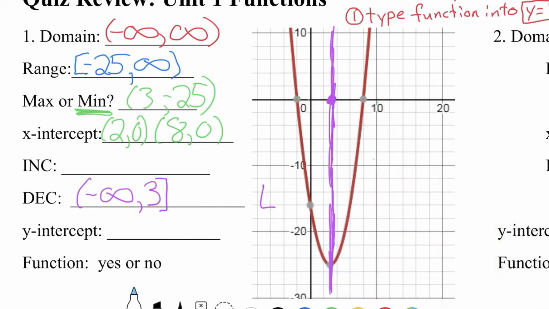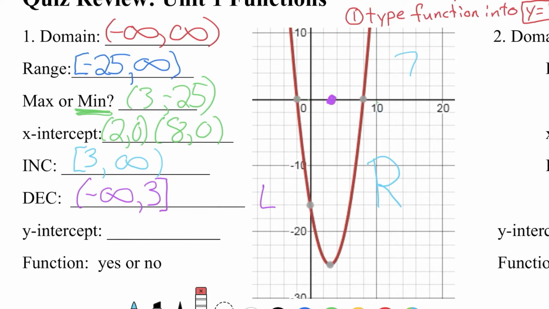Now, on our right side, smallest x value is going to be at 3. And we're increasing, we're going up all the way to positive infinity. So our biggest x value involved for our increase interval is positive infinity.